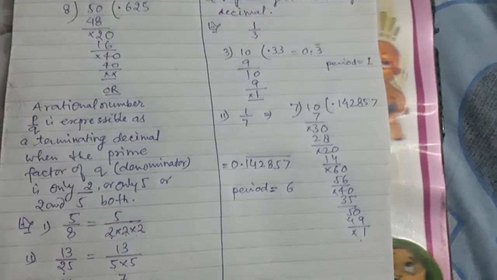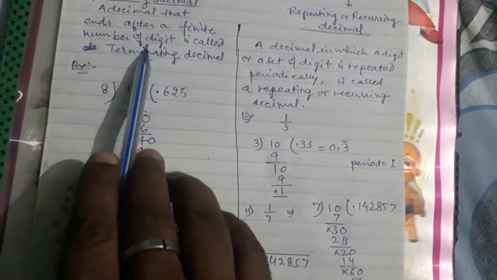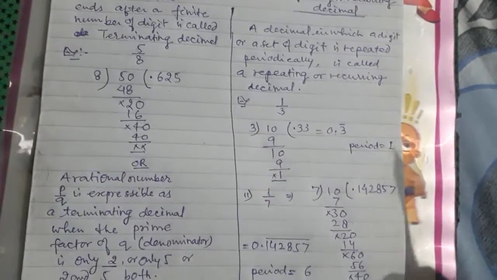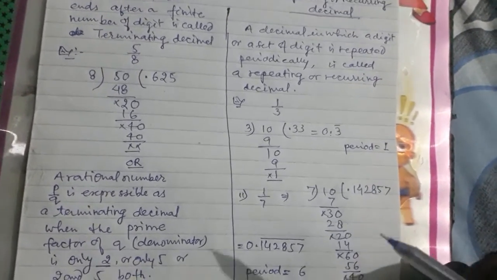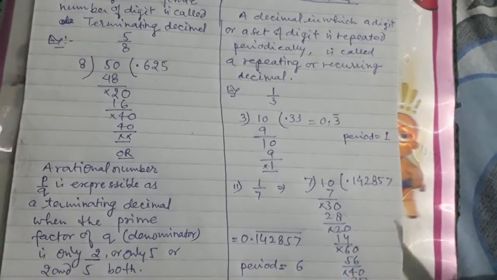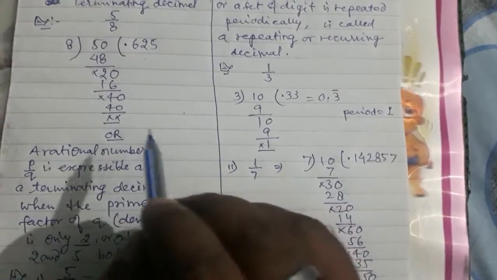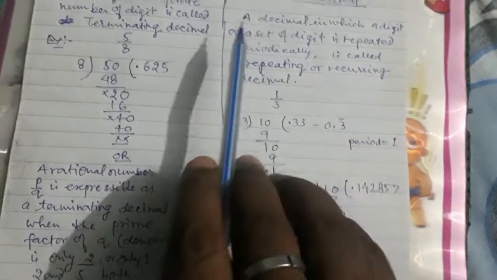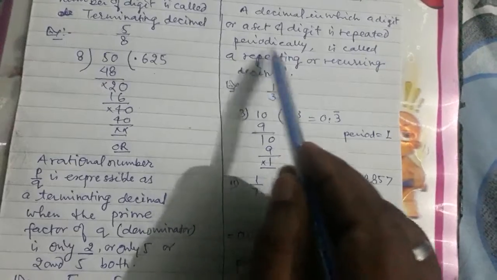Clear? So again, terminating decimal: a decimal that ends after a finite number of digits is called terminating. We can also define it as those rational numbers whose denominator is a factor of only 2, or only 5, or both 2 and 5. And a repeating or recurring decimal is a decimal number in which a digit or a set of digits is repeated periodically.